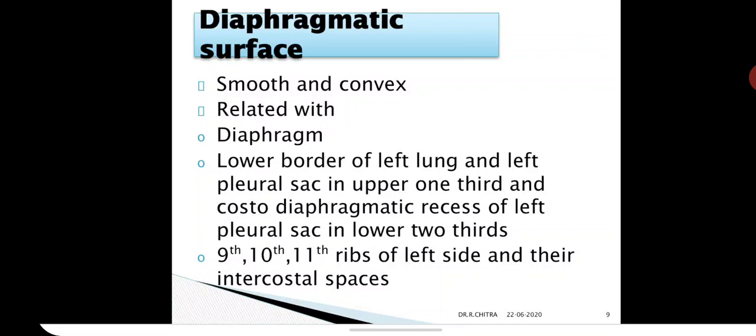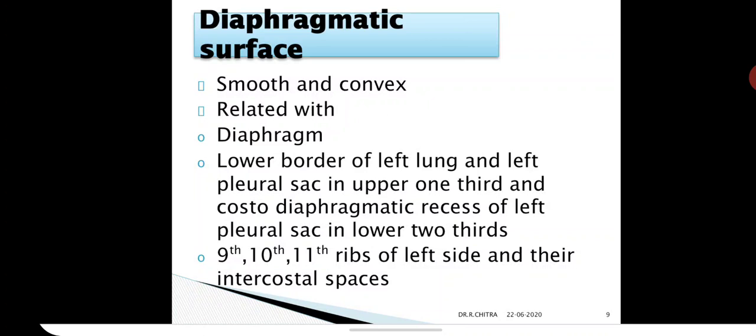Diaphragmatic surface: every abdominal organ near the diaphragm will have a diaphragmatic surface, and the thoracic organs also, in their lowermost surface, are related to the diaphragm. Here this diaphragmatic surface is smooth and convex, related with the diaphragm.